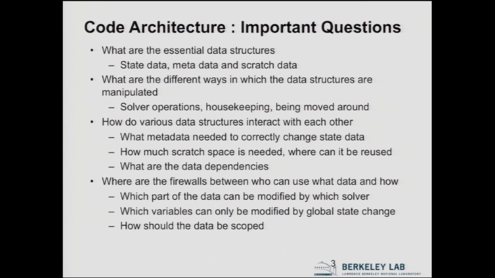You should also straight up identify different ways in which the data structures are manipulated. For example, what are the solver operations you're likely to have, what kind of communication and memory access patterns they're likely to give rise to, the housekeeping tasks that you will have to do with your data, the way in which the same data will be moved around, the ways in which the data structures interact with each other, and what is the minimal amount of metadata that you need in order for these interactions to happen without loss of efficiency and accuracy of your calculation.